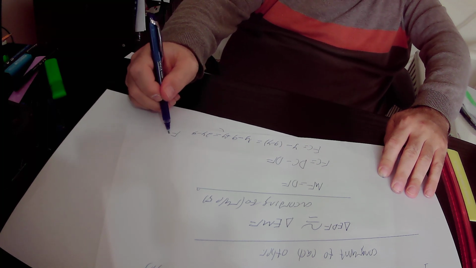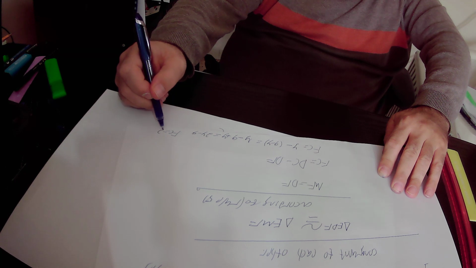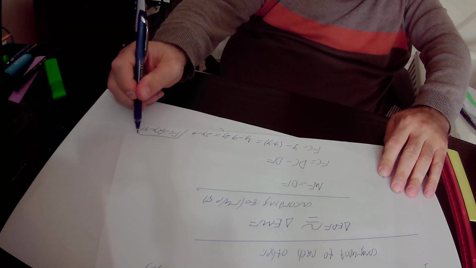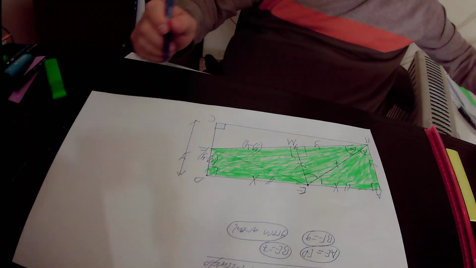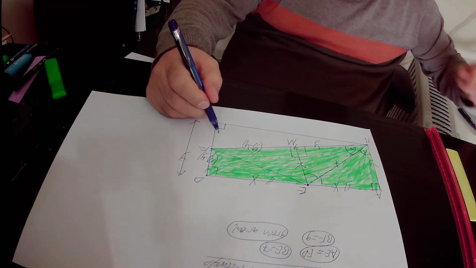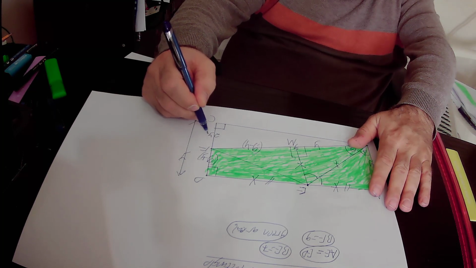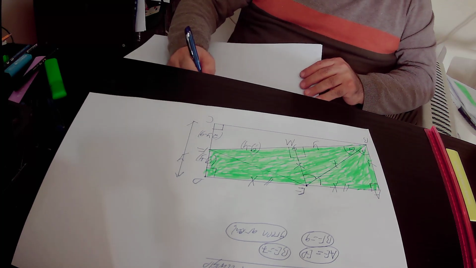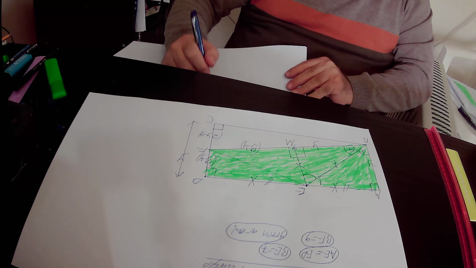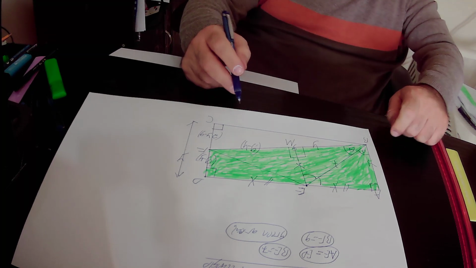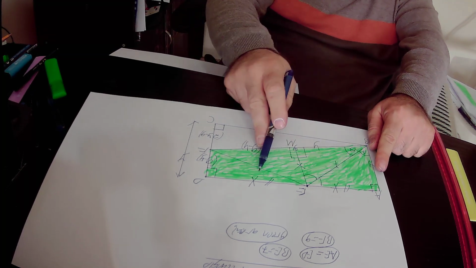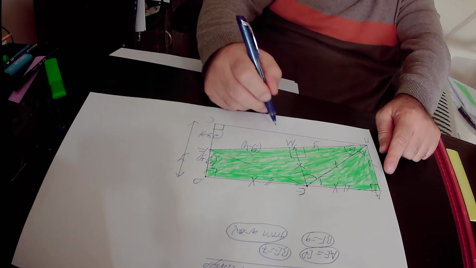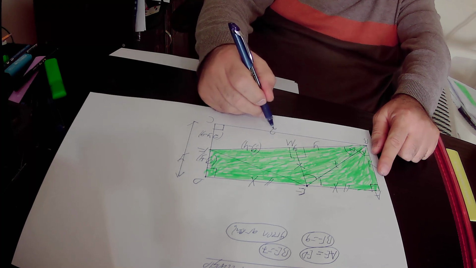So FC equals 2y minus 9. And we know that the opposite sides of a rectangle are equal to each other. AB equals x plus x, that is to say it equals 2x, then BC will also equal 2x. So it is 2x.